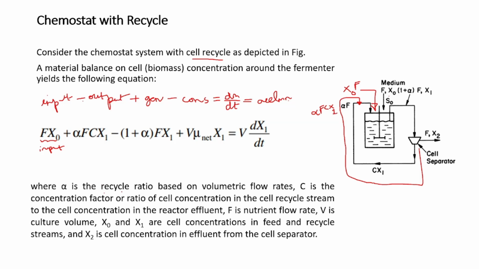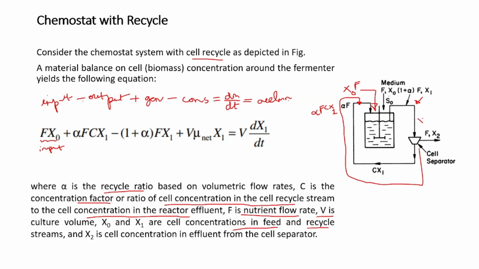So this is alpha F C x1. Alpha is the recycle ratio. C is the concentration factor, or ratio of cell concentration in the cell recycle stream to the cell concentration in the reactor effluent. F is the feed flow rate, V is the volume of the reactor, x0 and x1 are the cell concentrations in the feed and recycled stream.